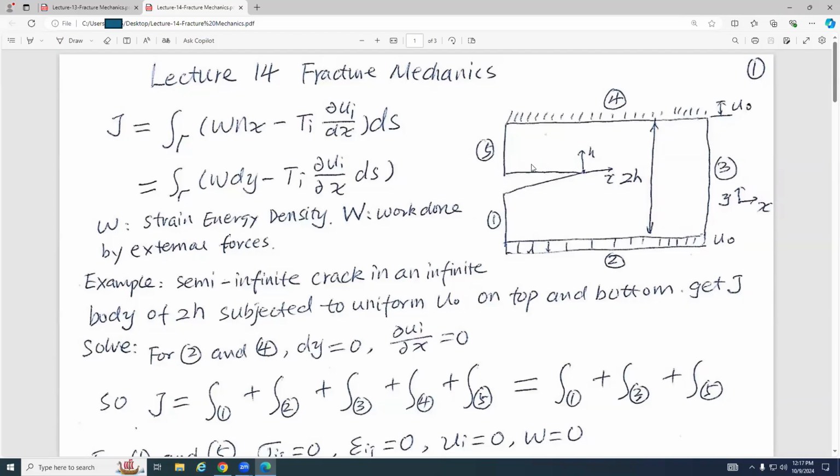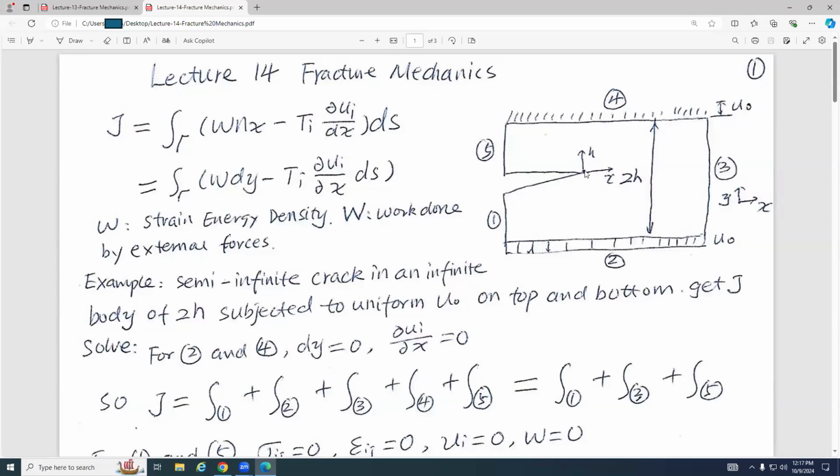So in this equation, here is omega. Omega is the strain energy density, and W is the work done by external forces. Here, we do not have work done by external forces. We have traction Ti.